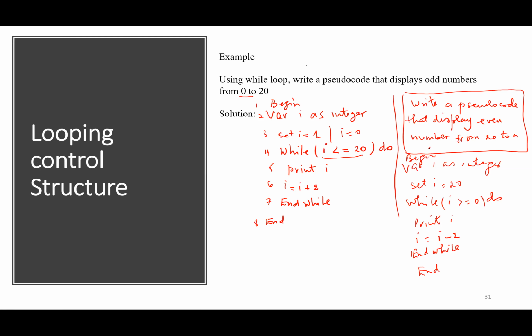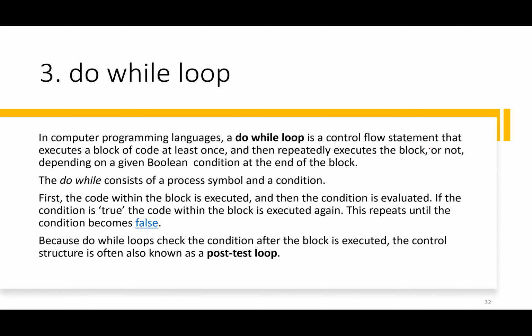So we have 20 minutes. Let's talk about the third loop, which is a do while loop. In computer programming languages, a do while loop is a control flow statement that executes a block of code at least once, and then repeatedly executes the block or not, depending on a given Boolean condition at the end of the block.